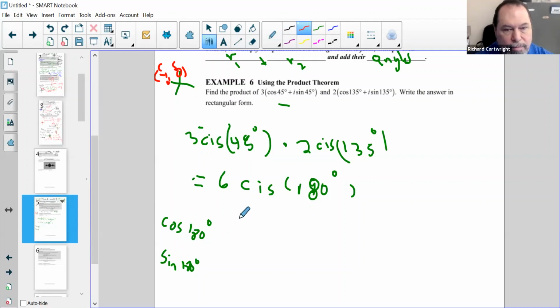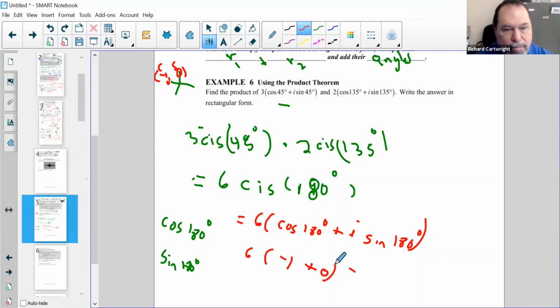So it equals 6 times the cosine of 180 plus i sine of 180. There's my cosine that I know is a -1, and there's my sine, that's a 0. So the answer is 6 times the -1 plus 0, which would be -6.